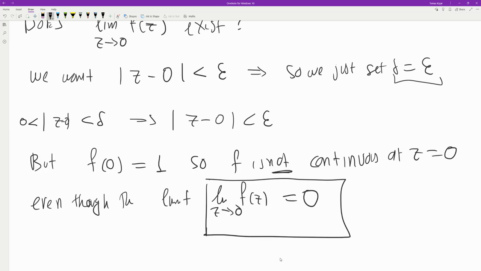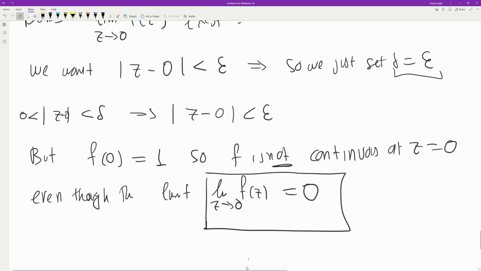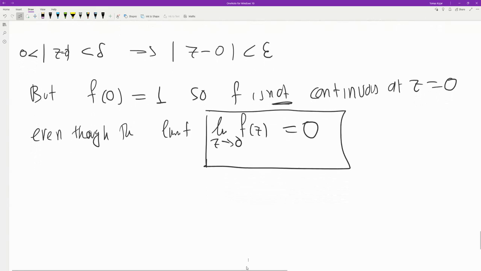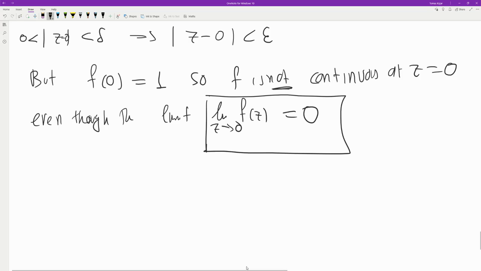So you have the limit, but you don't have continuity. So limit and continuity are not the same. Please remember that. So the limit exists, okay? It exists, but it's not continuous.